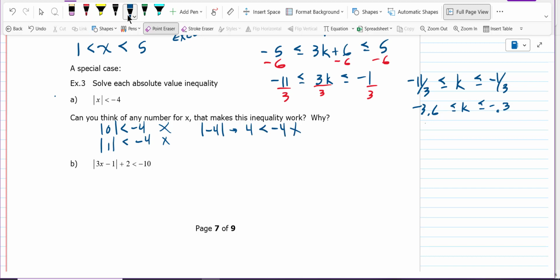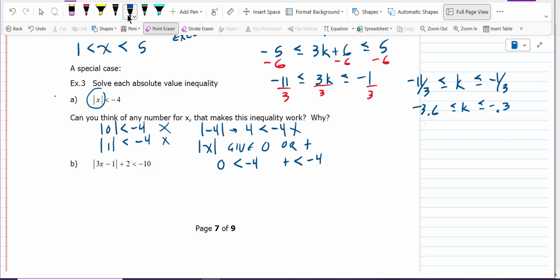So what you're going to find on this is, the absolute value of x is going to give you 0 or a positive number. And it's impossible for 0 to be less than -4. And it's also impossible for a positive number to be less than -4.